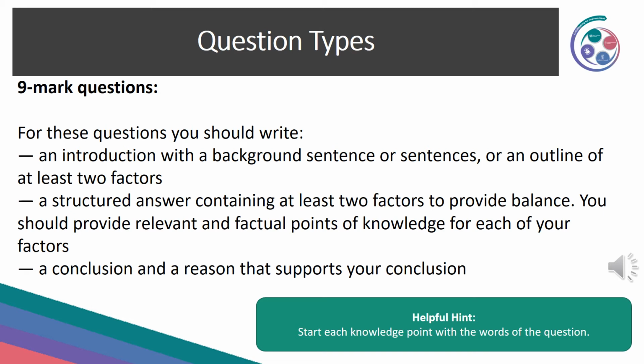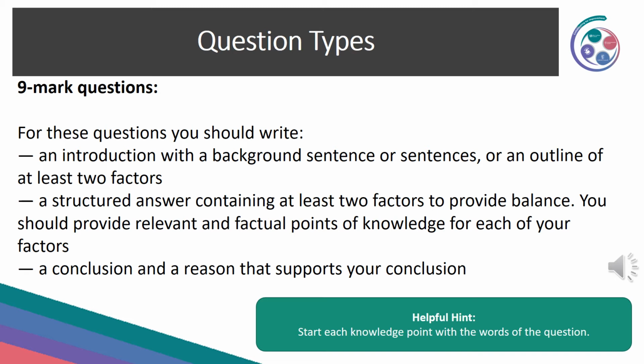Your 9-mark answer should also follow a structure which contains at least 2 factors to provide balance. An easy way for you to pick up balance for these factors is by ensuring that you provide a link to the question at the start of each knowledge point.